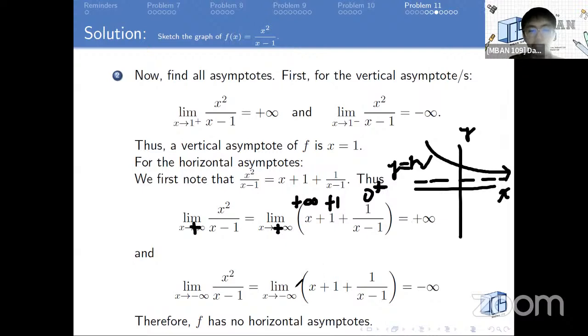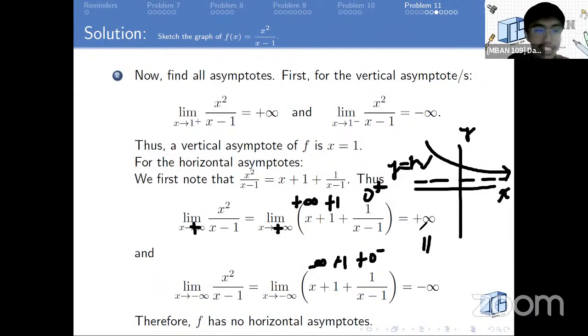And kapag naman x approaches negative infinity, so negative infinity plus 1 plus 0 equals negative infinity. Hindi sila pareho ng sign, kasi ang infinity ay hindi mo masasabi kung equal siya sa infinity kasi everything breaks at infinity.